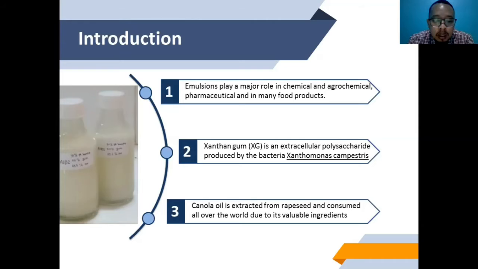Canola oil is an extract from rapeseed and is consumed all over the world due to its valuable ingredients. Research on the manufacture of canola oil emulsion in oil in water with the addition of xanthan has not been carried out.